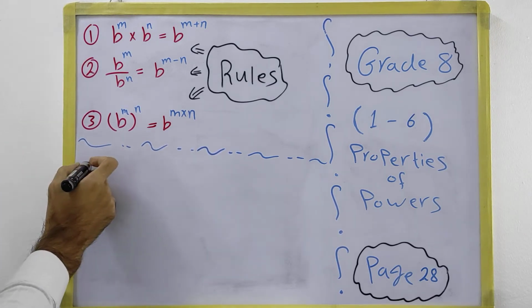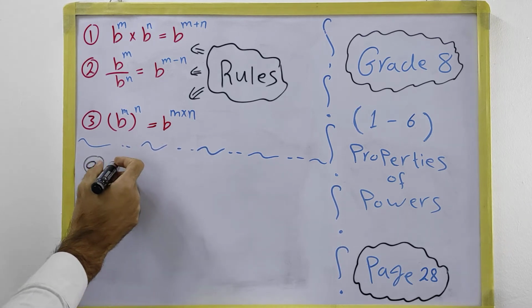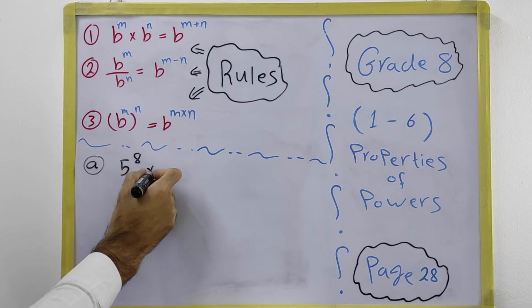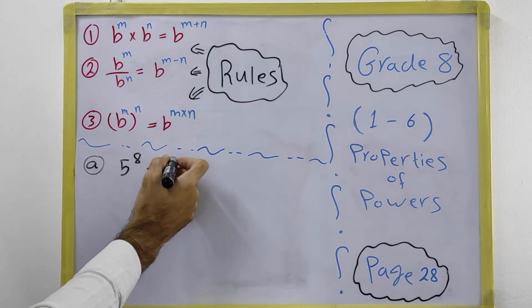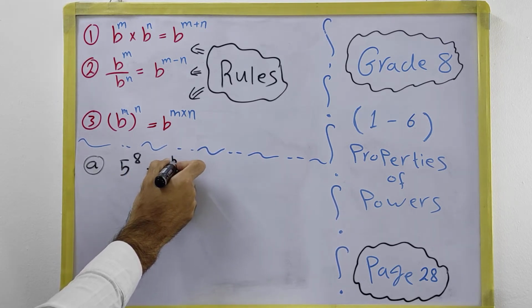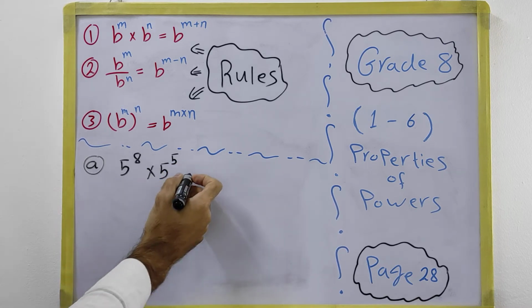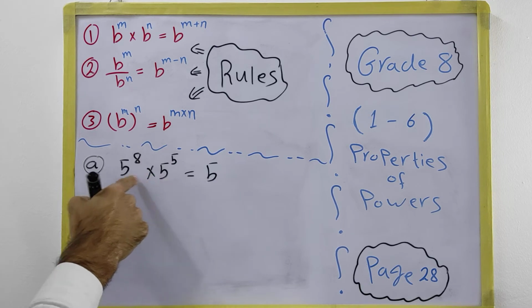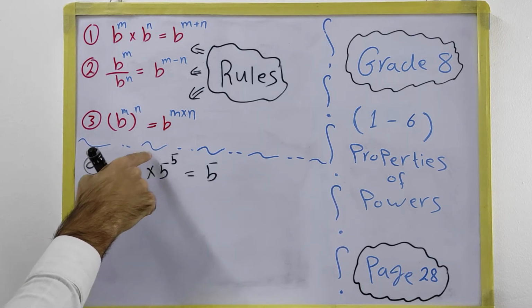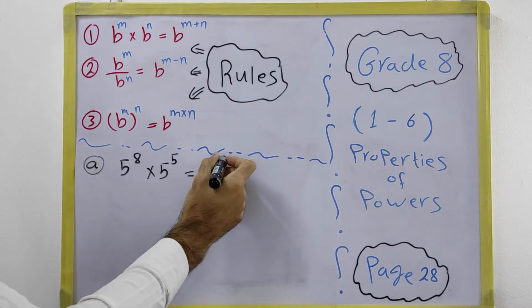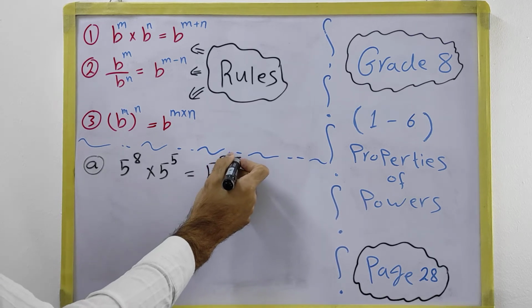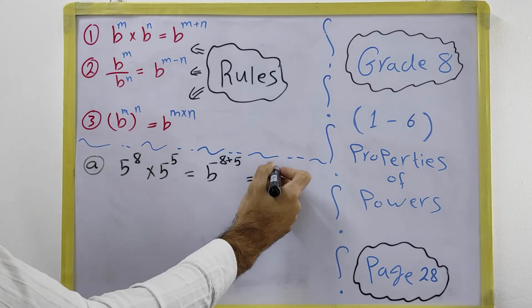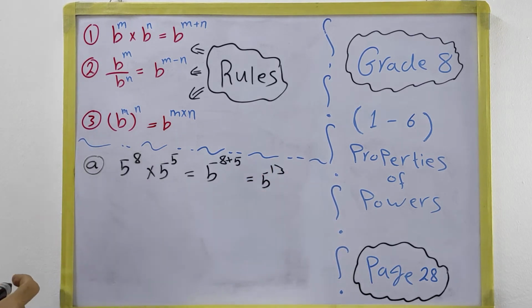The first one, let's say 5 to the power of 8 multiply 5 to the power of 5 equals 5 to the power, because it's the same base, 8 plus 5, which would be 5 to the power of 13.